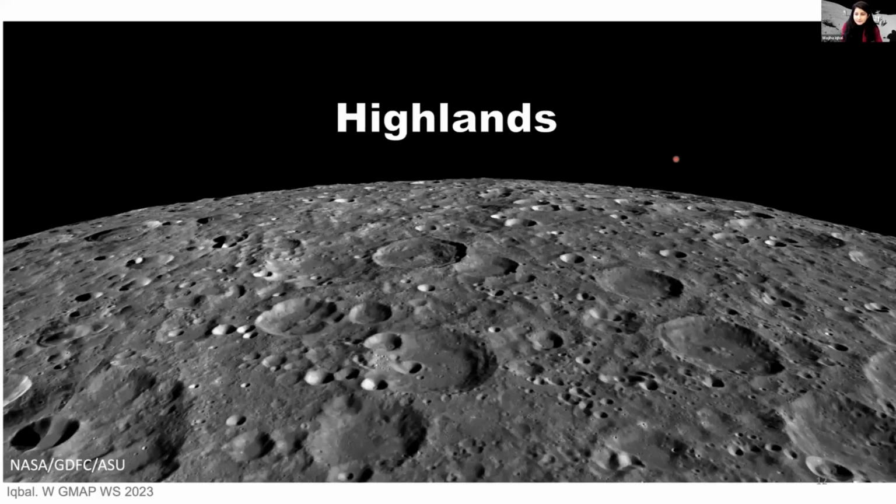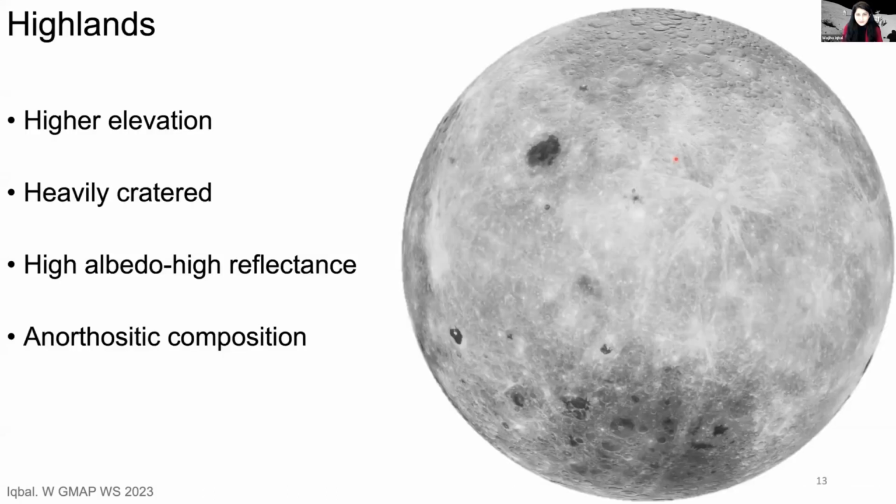What are highlands? As the name describes, these are higher elevation regions. If you look at the Moon with the naked eye, this is the lighter material you see on the Moon. These are the older, reworked earlier crustal material.